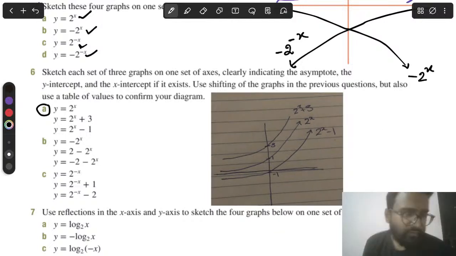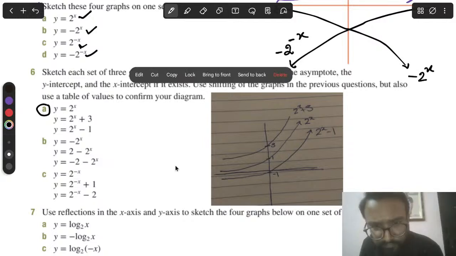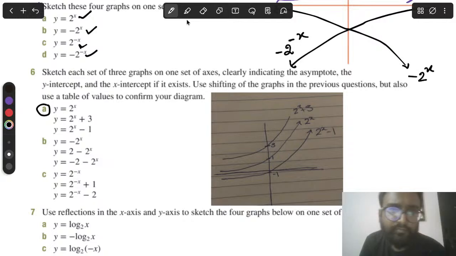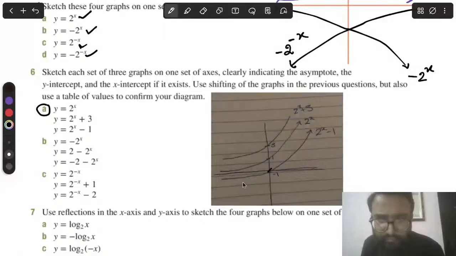Now I'm coming to your point. So, where is your zero? Zero is here, no? This is your zero. Where is your minus one?